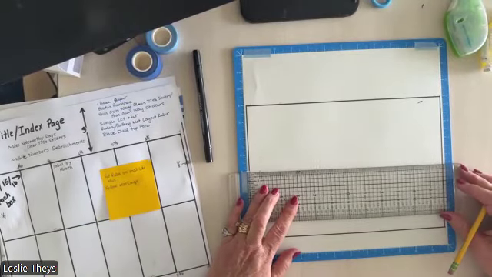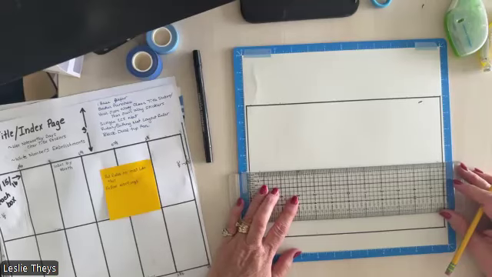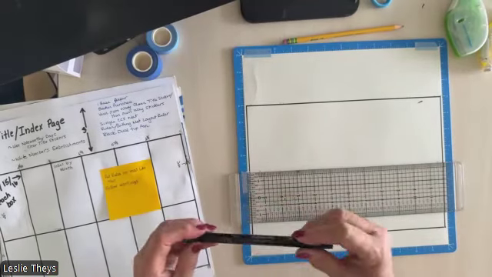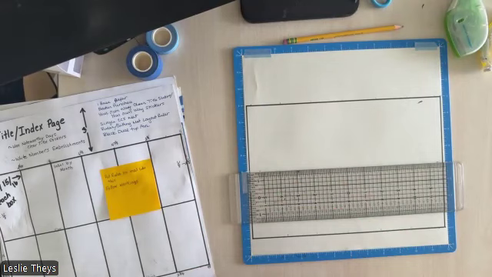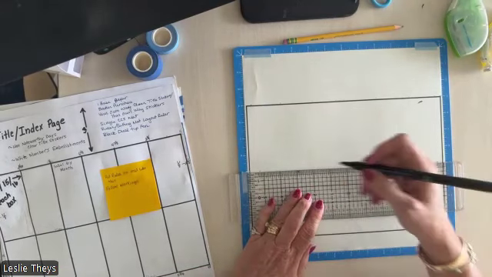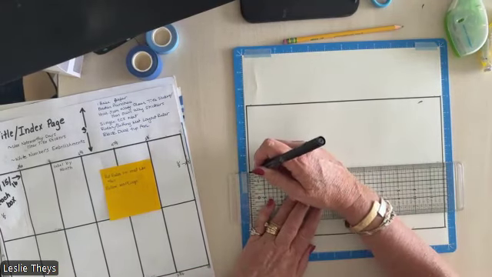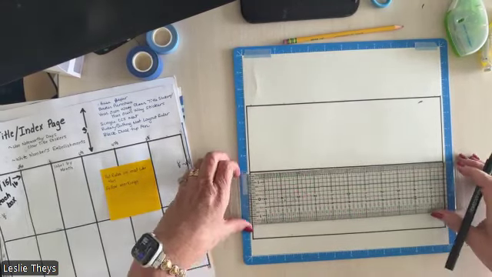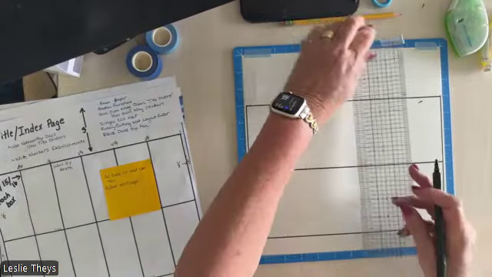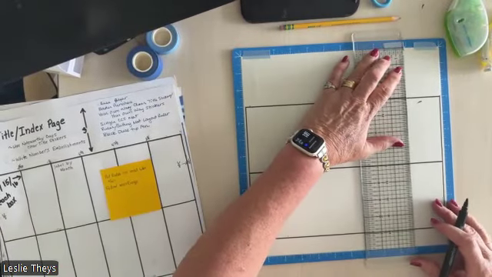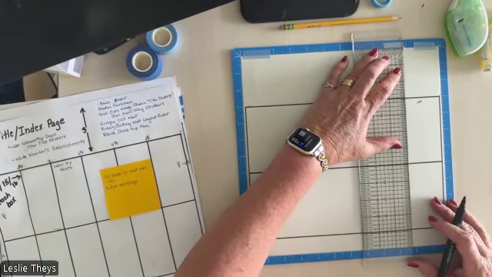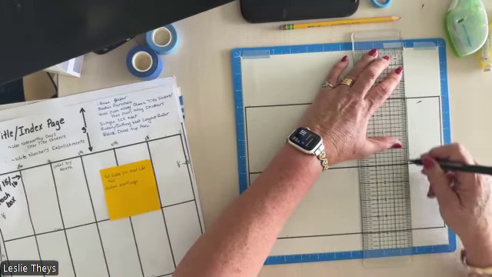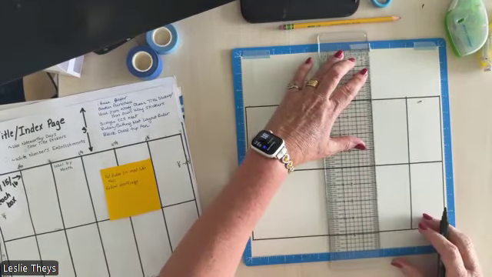I'm going to go ahead and draw that middle line all the way over. And that goes from that sturdy line all the way to here. And then we draw our lines going down. And just line them up.